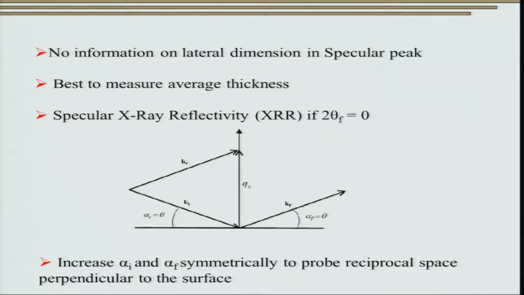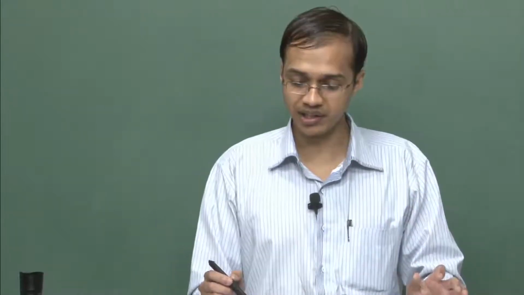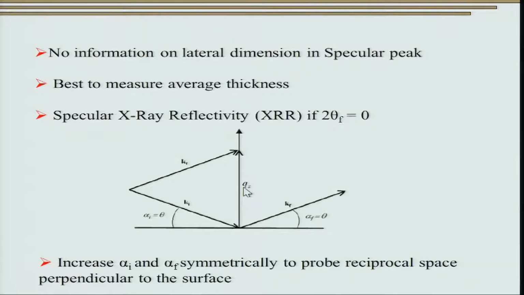This is achieved using, as this figure shows, a very nice way wherein you increase alpha i and alpha f symmetrically to probe the reciprocal space perpendicular to the surface, and while doing that you have to ensure that your 2 theta f is actually 0, so that all the information that we are getting is only along Qz.